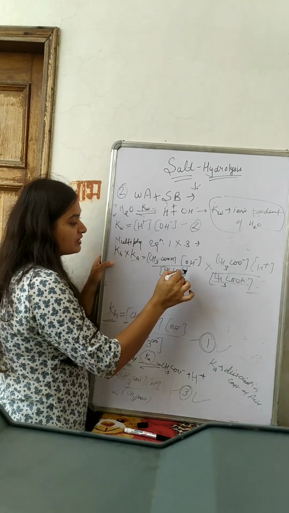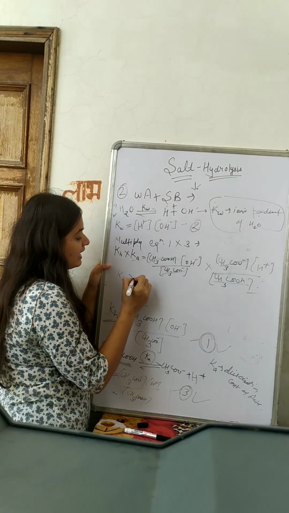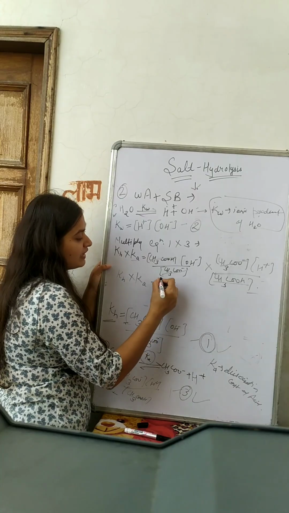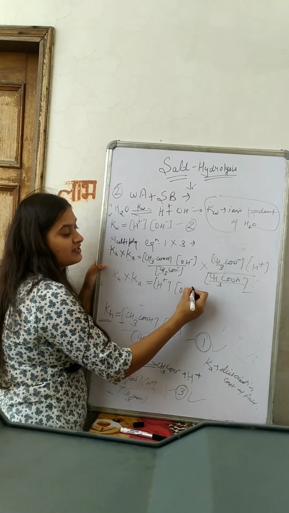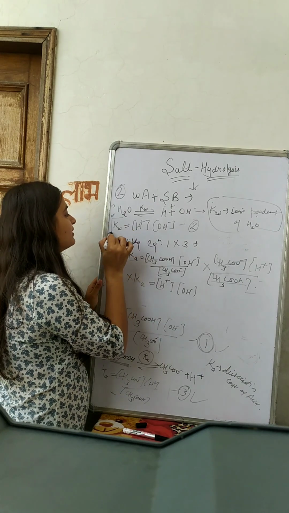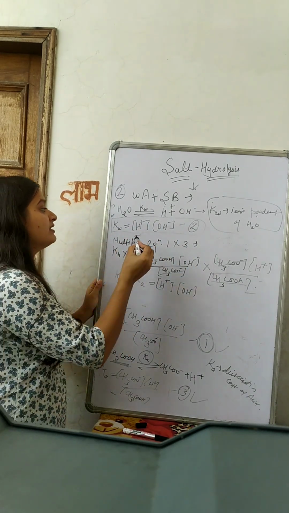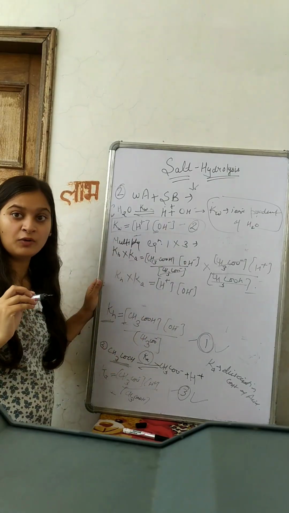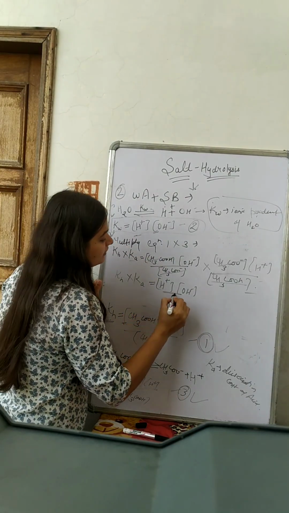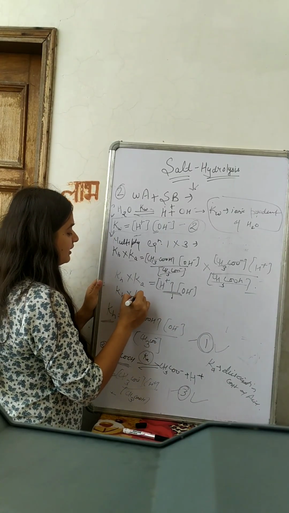So Kh times Ka is equal to the concentration of H positive ions times the concentration of OH negative ions. And as you know from the second equation, the concentration of H positive ions times the concentration of OH negative ions is equal to Kw. So we can replace this product by Kw.